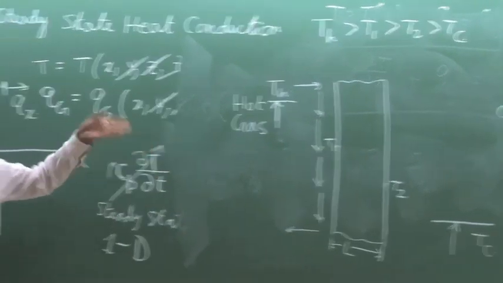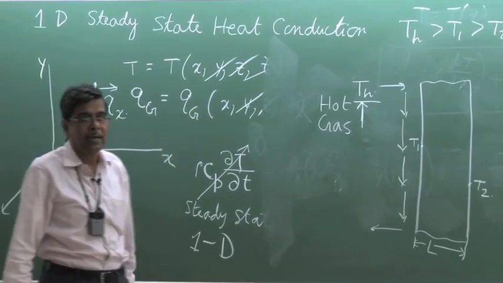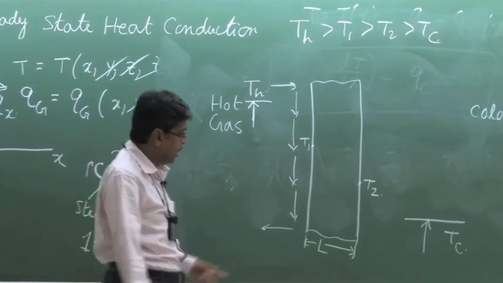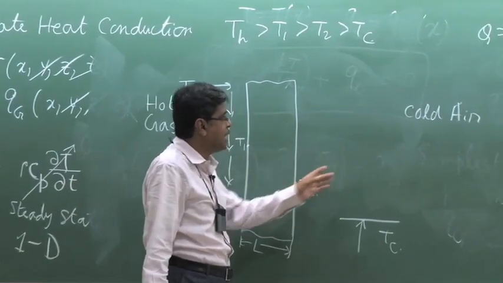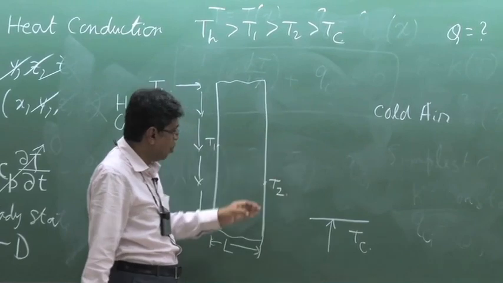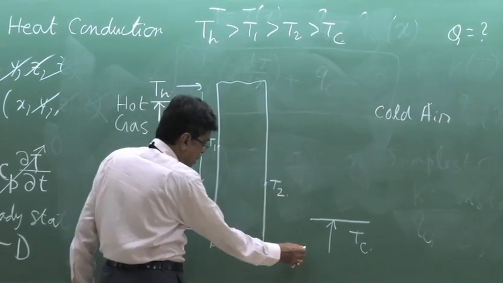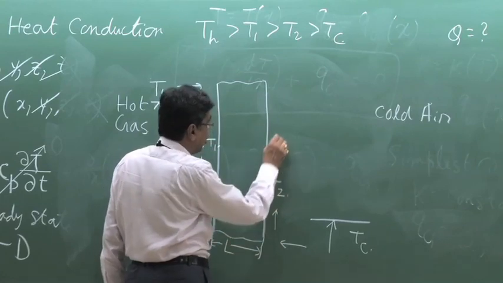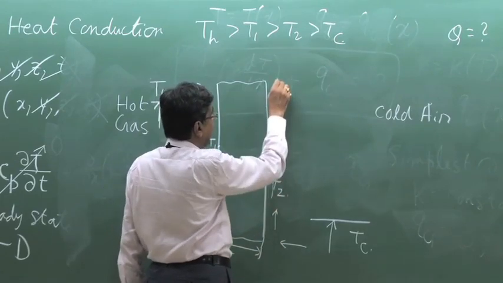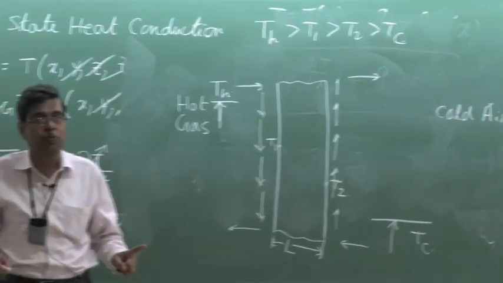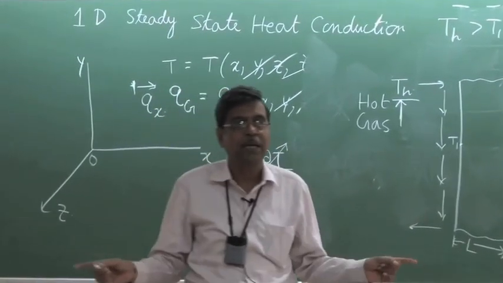This will be discussed in detail when we discuss convection heat transfer. Now this is exposed to a quiescent cold air, where this surface is hotter with respect to the cold air. So there will be a natural flow of air due to buoyancy, like that.